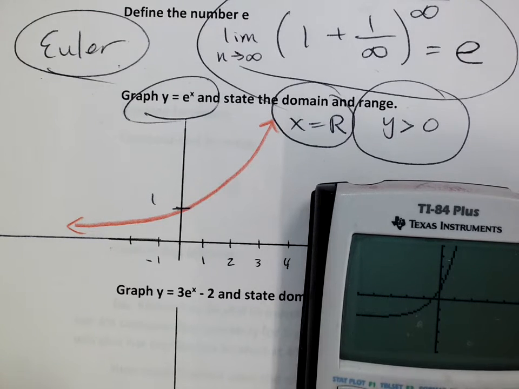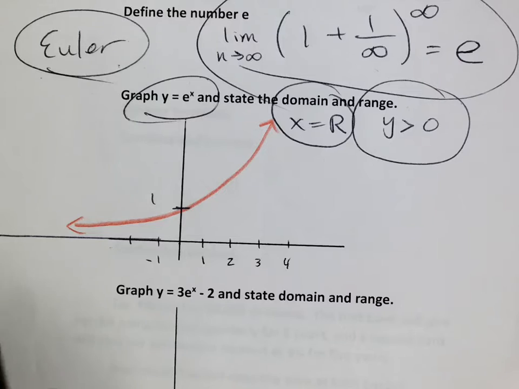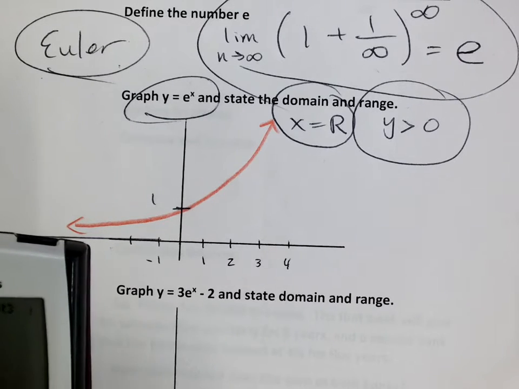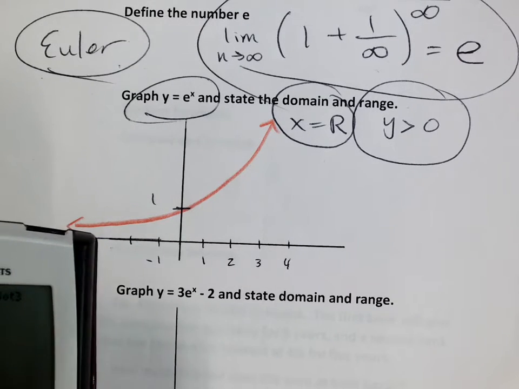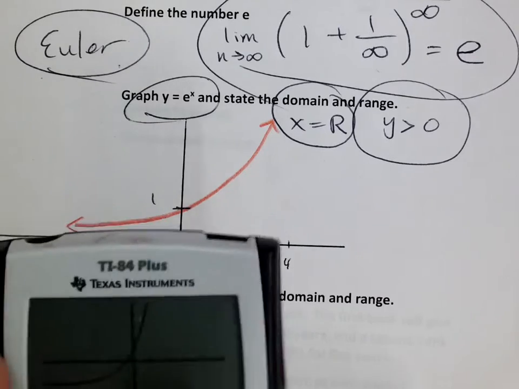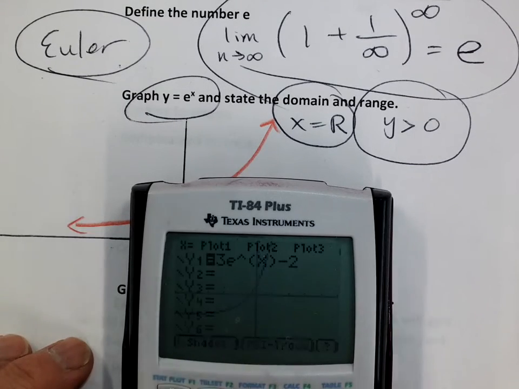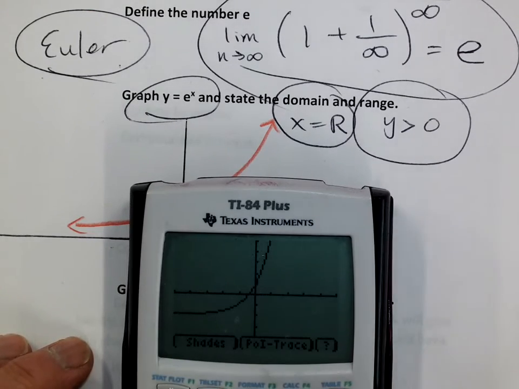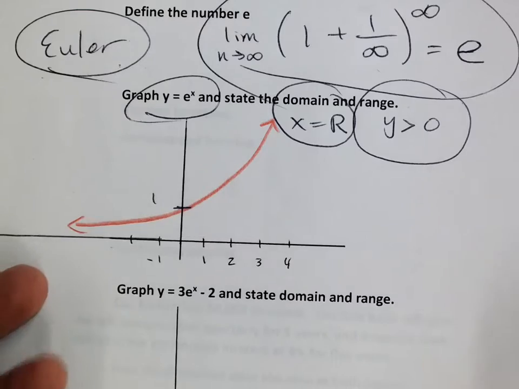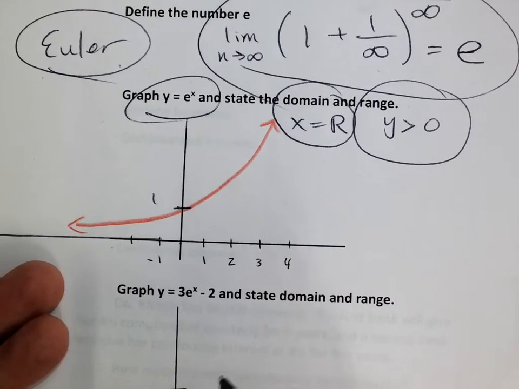Okay, so what happened, hold on, yep, graph that. So if I did my trace, I don't know what that is. If I go to my trace button, it still goes through 0, 1, but it's going to go all the way down here.